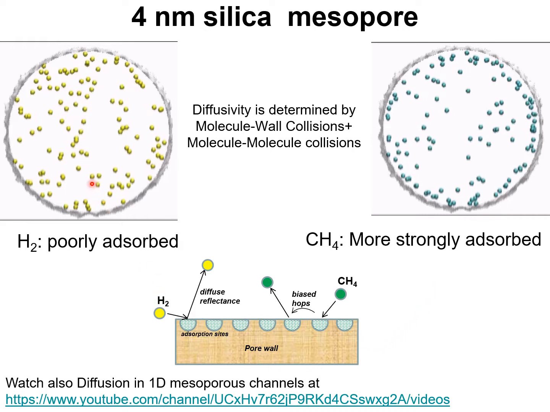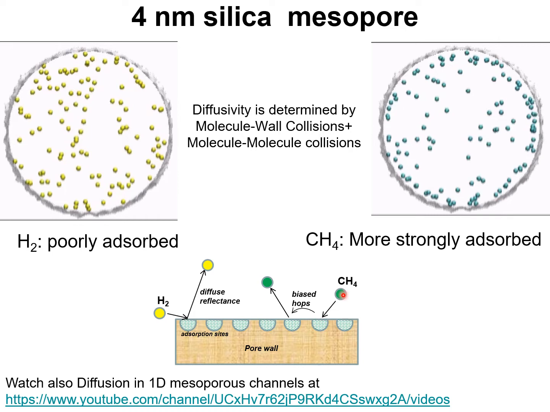So to differentiate between the characteristics of diffusion of hydrogen and methane, we look at the cartoon here. Hydrogen on colliding with the pore wall undergoes diffuse reflectance, which is a term that indicates that the angle of incidence bears no relation with the angle at which the molecule gets reflected.